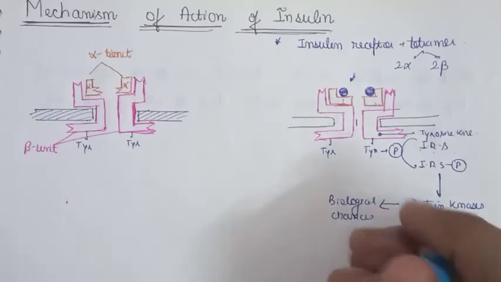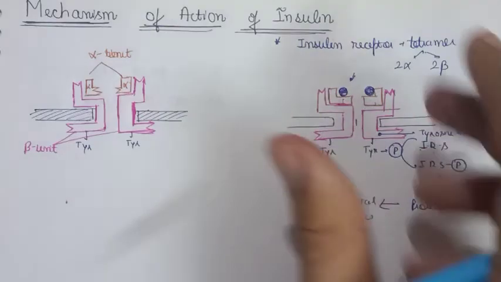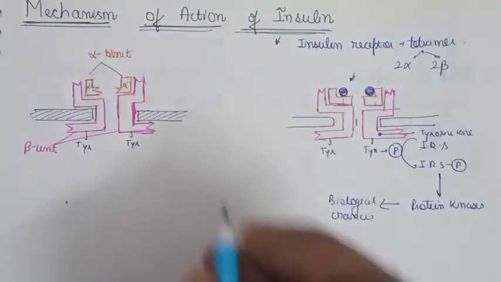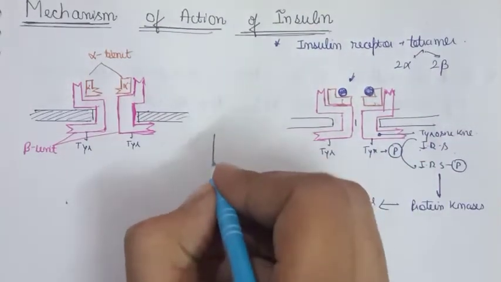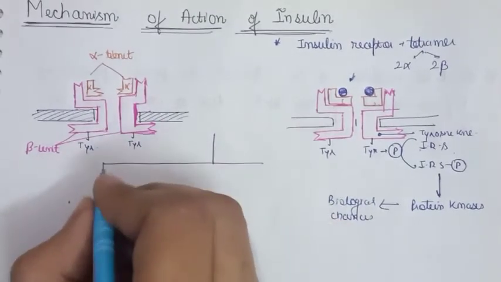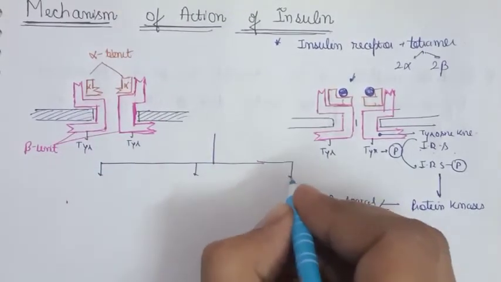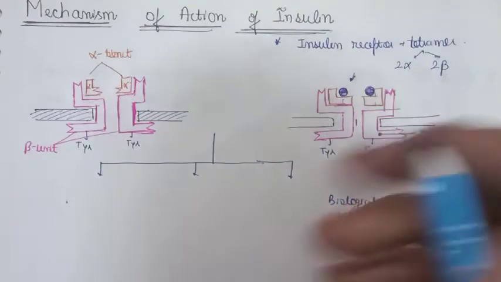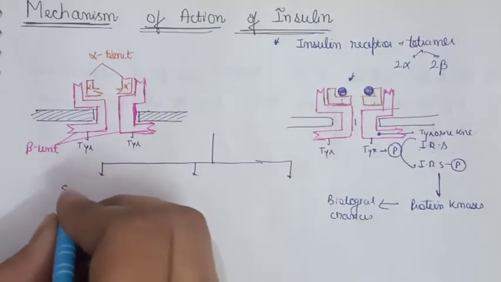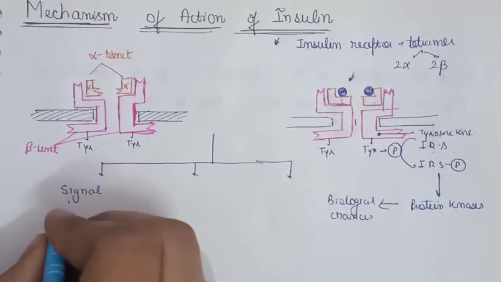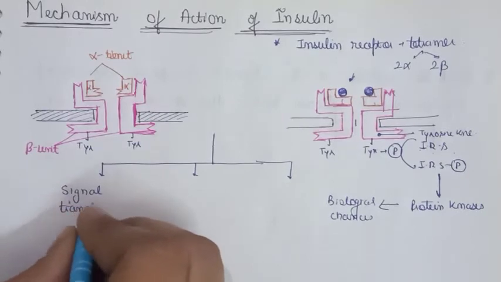So this was the one way through which the receptors of insulin can act, but there are some other 2 ways. So in total there are 3 ways through which insulin receptor can do its function after the insulin binds. First one was the signal transduction that we discussed.